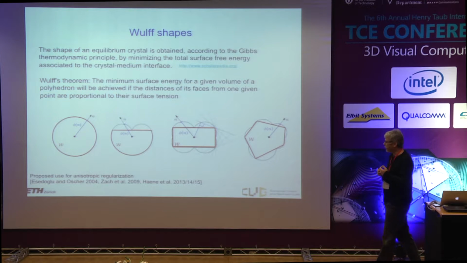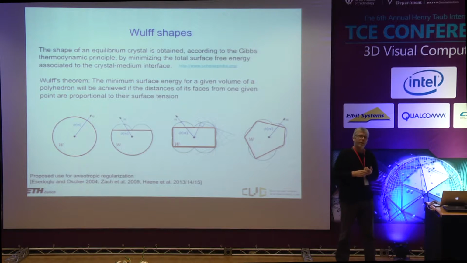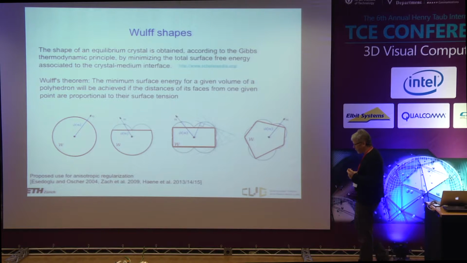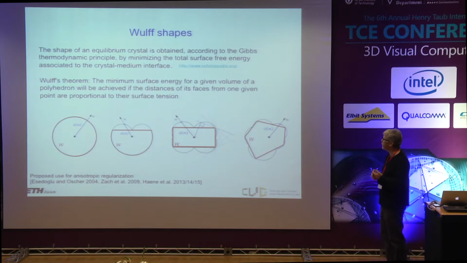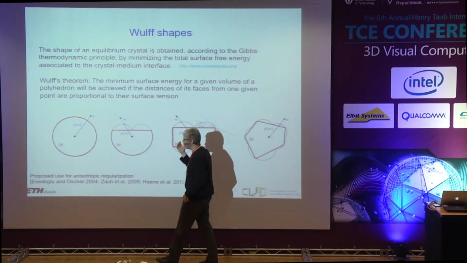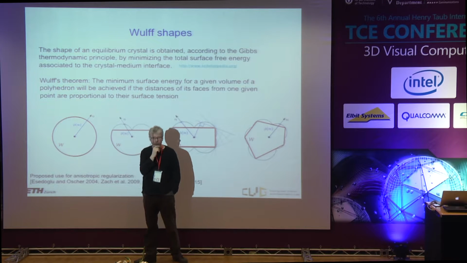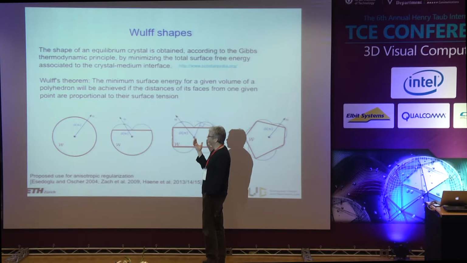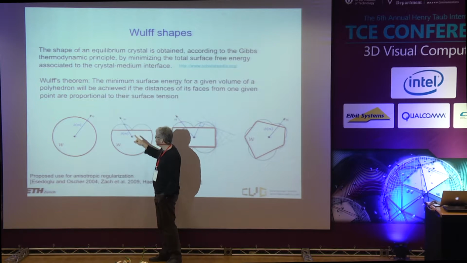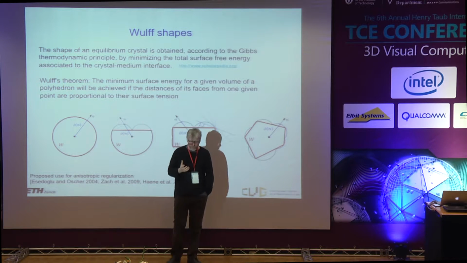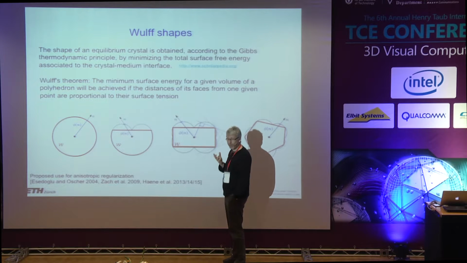Okay, so in terms of this anisotropic regularizer, how generic can this be? It turns out it can be very generic. There are some constraints. This is a concept that actually comes from crystallography. These Wulff shapes come from crystallography, and what you see here is a red curve and a black curve. The red curve corresponds to the crystal shape you would obtain.